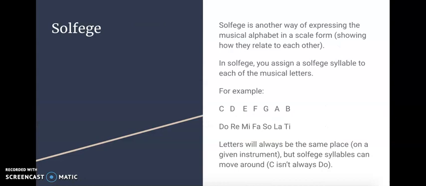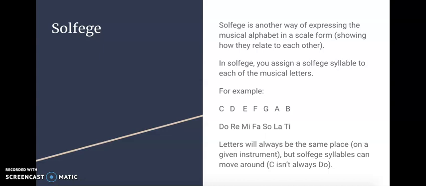Solfege is another way of expressing this pitch, but this time we're talking about the voice. So we can use a form of the musical alphabet in a scale, and a scale is just simply talking about how one pitch relates to another pitch. In solfege, you assign each letter note a solfege syllable.